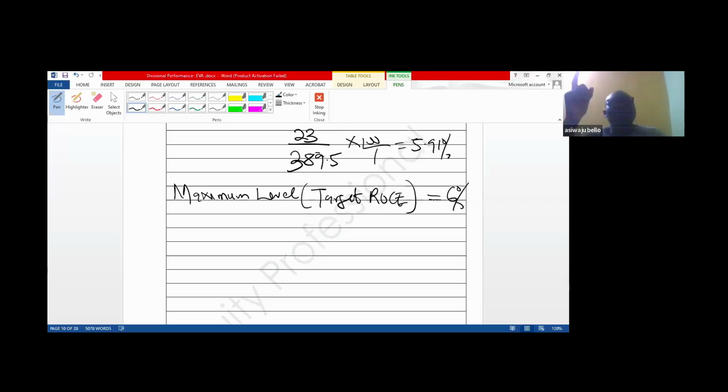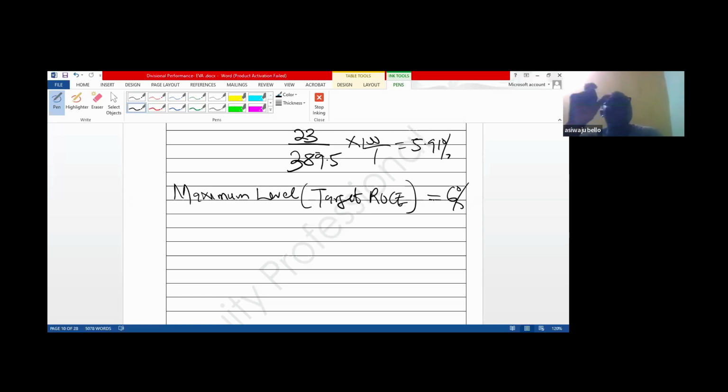Any attempt to charge higher price, if you charge higher price, you are going to make more profit. If you make more profit, your return on capital employed figure will go beyond 6%.